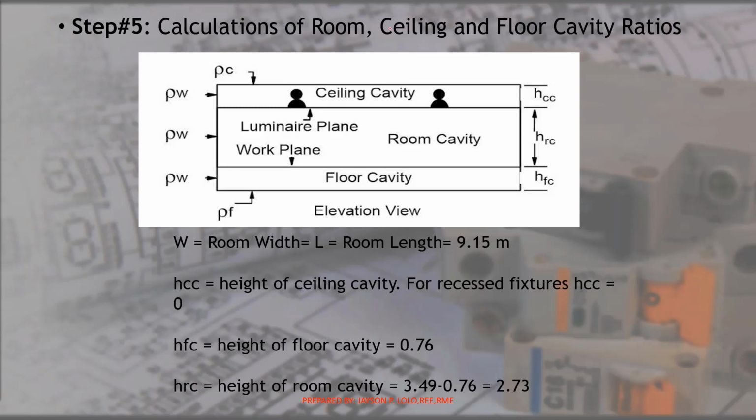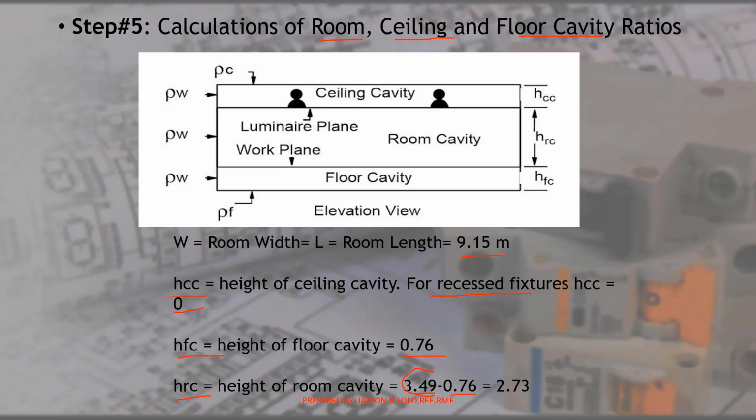Step number 5 is calculate the room, ceiling, and floor cavity. So naman tayo width and room, which is 9.15 meters. HCC is 0 because it is recessed, remember. Then the height is 0.76. Then room cavity is 3.49. Sir, di ba 3.5?